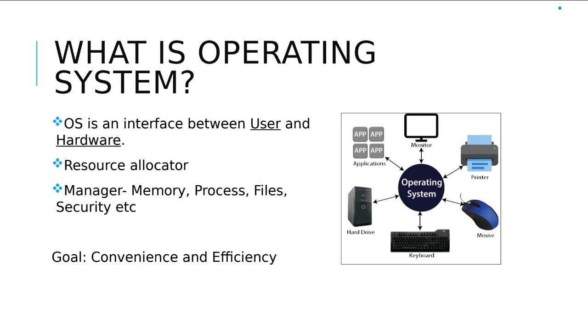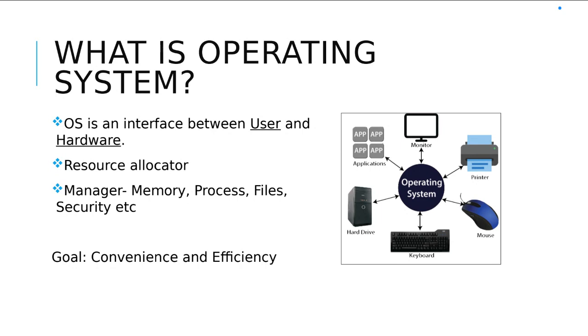Supercomputers, I think if people know, are those computers where results are obtained very fast. That means efficiency is the main goal of those computers. There is less convenience in a supercomputer. Why? Because we are the common people, we can't operate or handle a supercomputer in a single day.